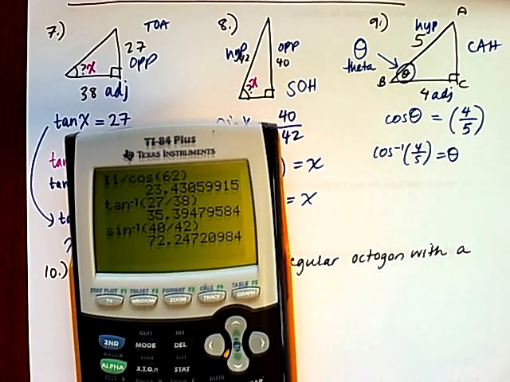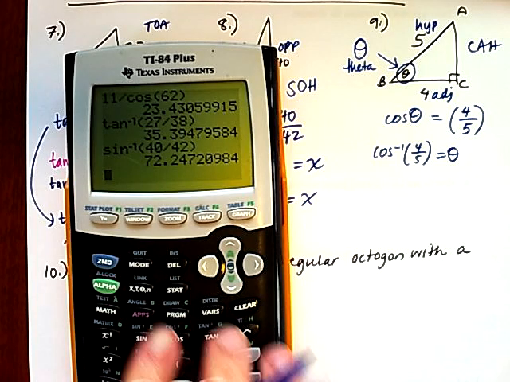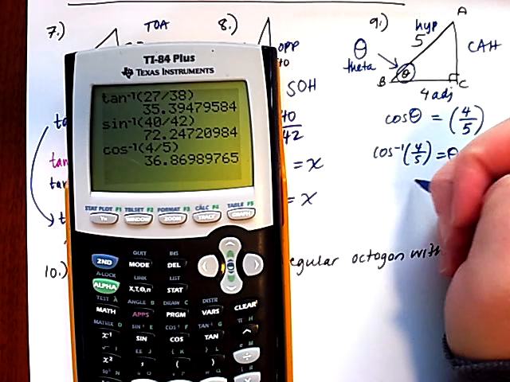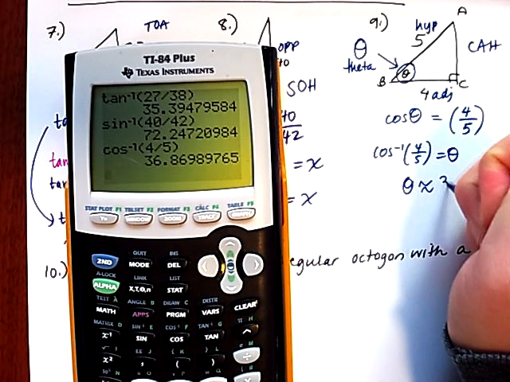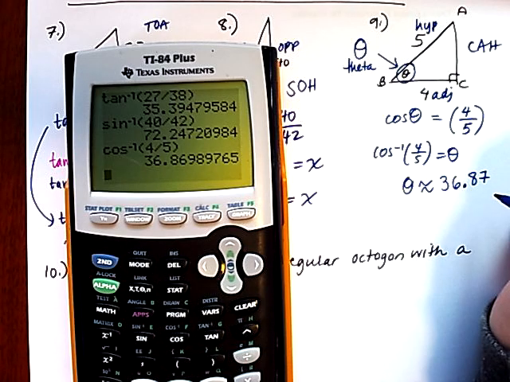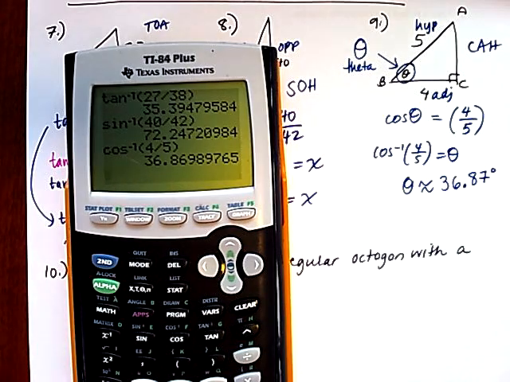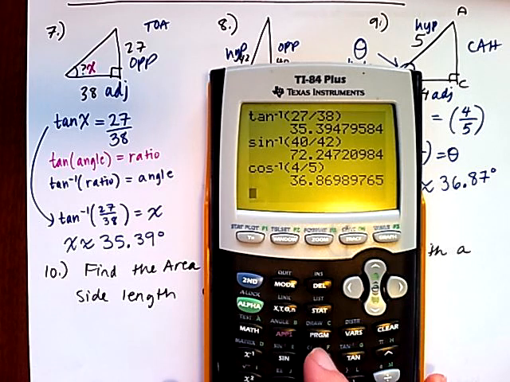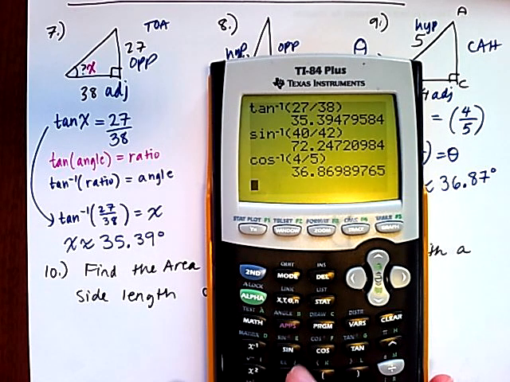Getting my calculator, typing in second cosine, I get cosine inverse of 4/5, and I get a theta value of 36.87 degrees.